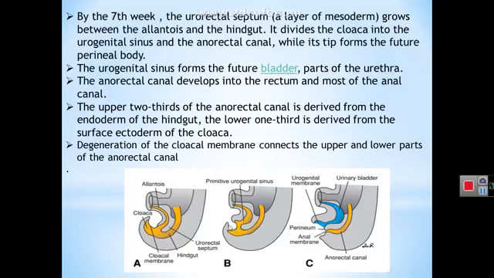This region is called the proctodeum. Ectoderm in the region of the proctodeum on the surface of the cloaca proliferates and invaginates to create the anal pits.